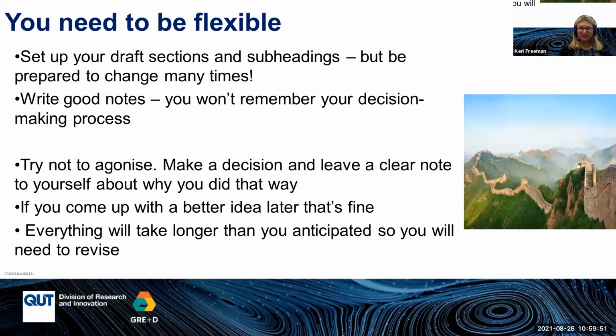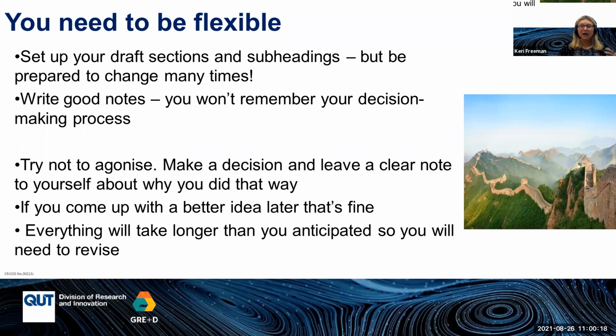Now, with all of those questions, those subheadings, your roadmap, you need to be flexible. Everything's going to change the more you get feedback, and that's okay. Nothing is wasted. All of that thinking and writing is useful to get you to this place where you can get the feedback and improve further. Write good notes. If you make a decision about a subheading, don't agonize.